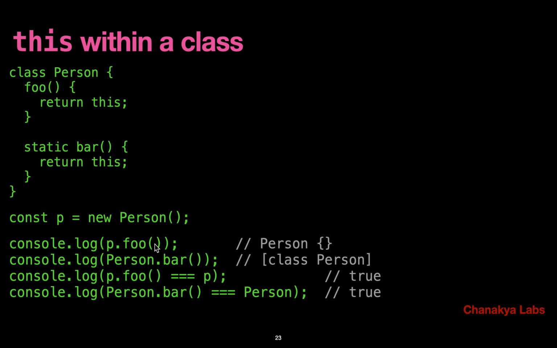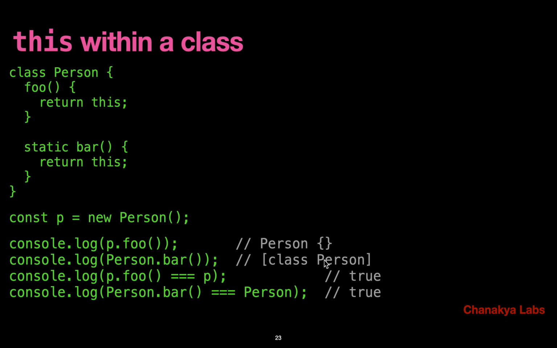Second thing is that if you want to call the static property, something like static bar here, how will you call it? You will call it class name dot bar, and if you call that, then this will not be an instance, because it cannot be an instance, it's just a static variable, right? So if you run this, then this will be simply the class.